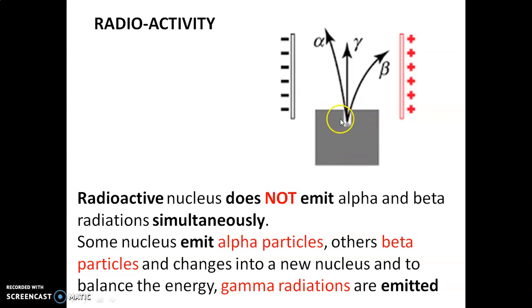Suppose this square object is a radioactive material. What happens is that it emits radiation, and this radiation consists of alpha, beta and gamma, and as the text below says, a radioactive nucleus does not emit alpha and beta radiations simultaneously. Some nuclei emit alpha particles, others beta particles, and then change into a new nucleus, and to balance the energy, gamma radiations are emitted.